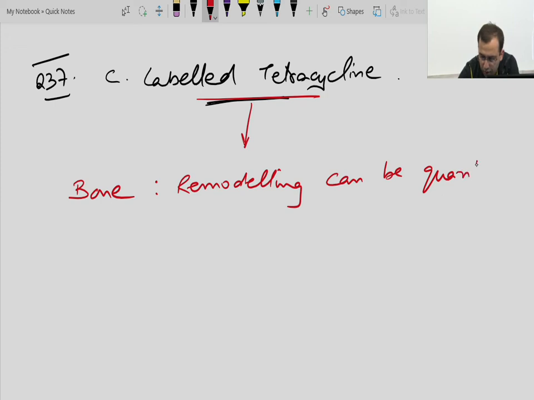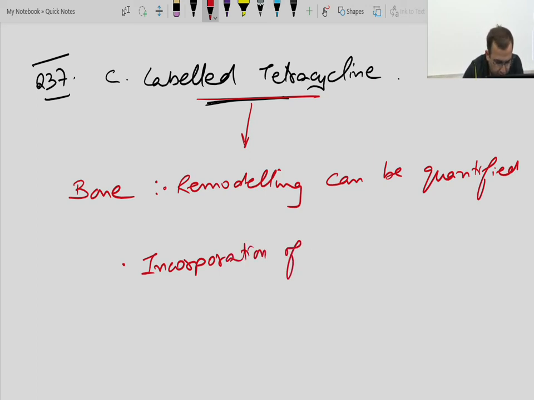Remodeling can be quantified in a bone. That is the first point. Next point, how do we do so? By incorporation of tetracycline into newly formed bone.